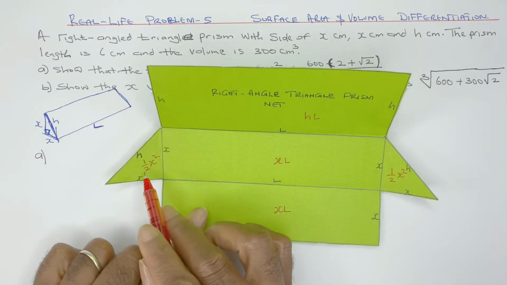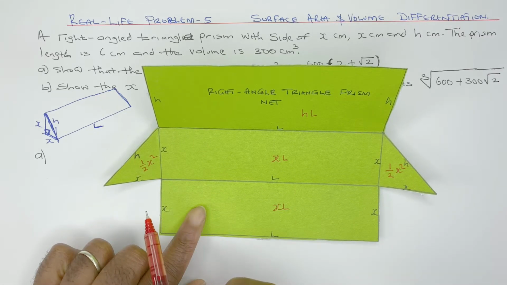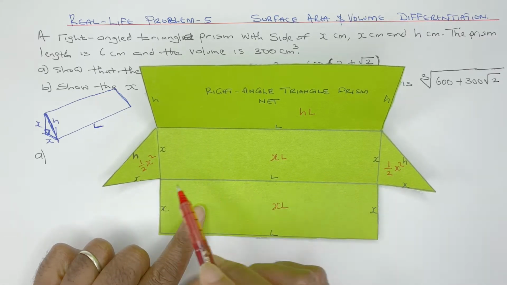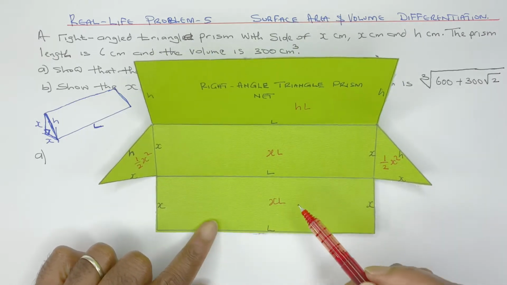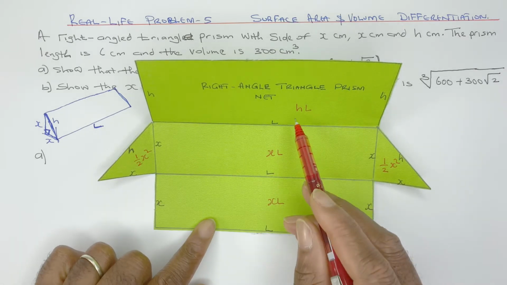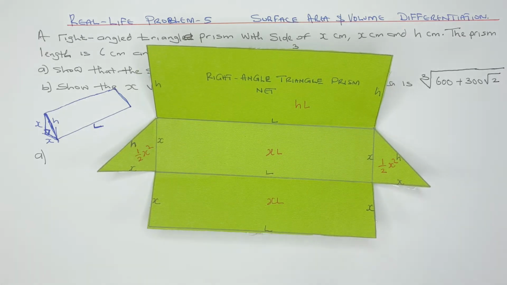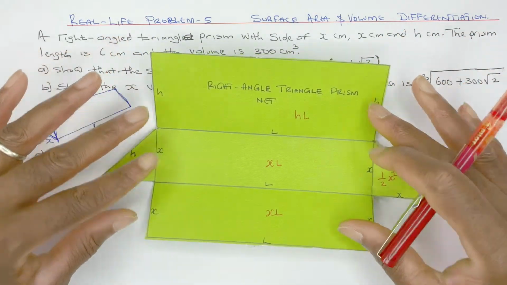So two halves X squared is just X squared, because the 2s cancel each other. Then we've got 2XL, and then we've got HL. So that's the area we worked out from the net diagram.